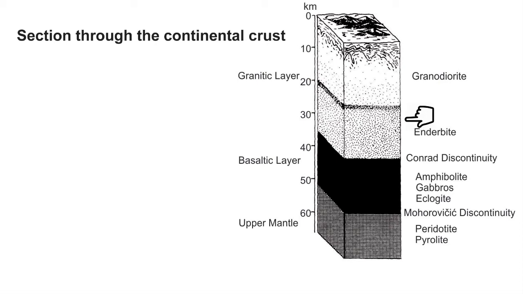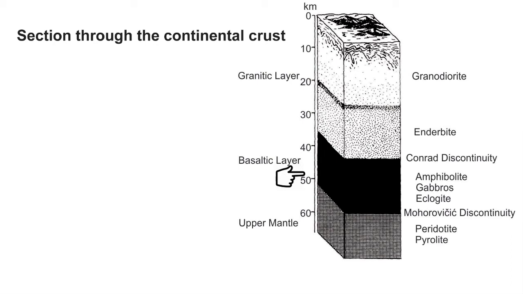So granodiorite and andesite, both of them form what we call the upper continental granitic crust, below which lies the Conrad discontinuity, below which is the basaltic layer. Basaltic means that it is predominantly basaltic, made of some amount of amphibolite, some amount of gabbros and some amount of eclogite.